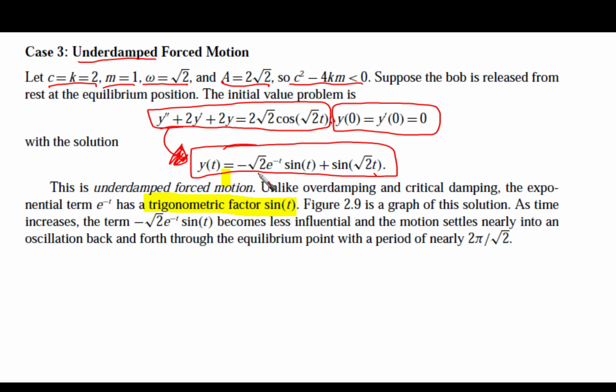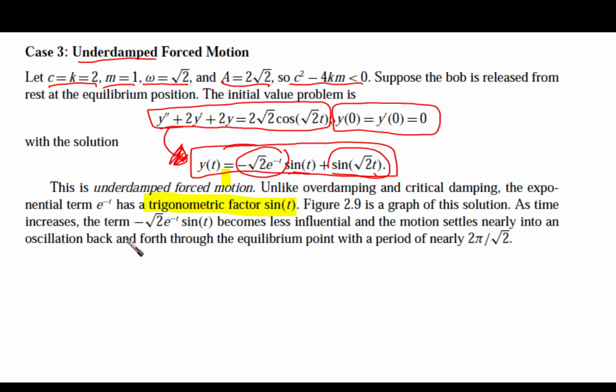So let's go here. Look here that we have the exponential function multiplied by a sinusoidal function, and another term that is only a sinusoidal function. Unlike overdamping and critical damping, the exponential term e to the minus t has a trigonometric factor, sine t.